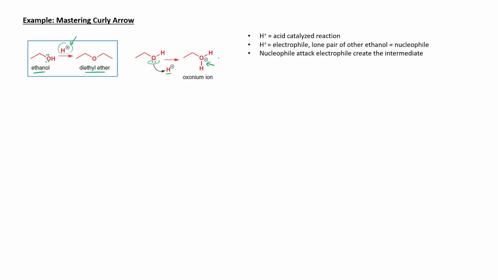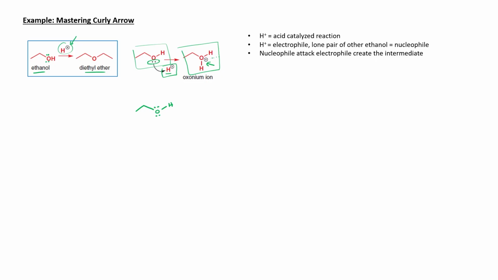I want to talk a little bit about the positive charge here. If you see this ethanol, it doesn't have a charge. Here you have a charge, and the proton also has a charge. So what does this mean? If you look at the ethanol here, even though you have two lone pairs there, by right it has another lone pair.